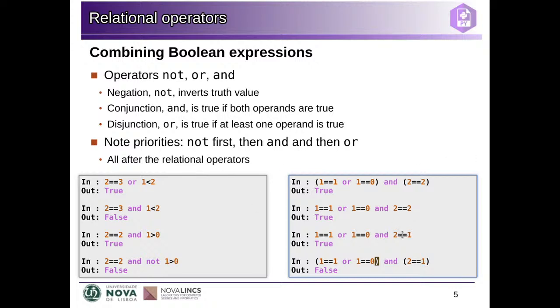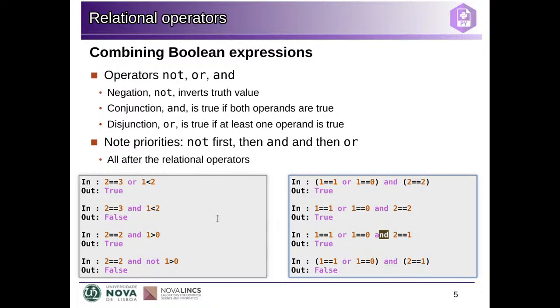All the relational operators take precedence. So if you have something like one comparison, a logical operator here, and then another comparison, the comparisons are done first, and then this operator is applied.